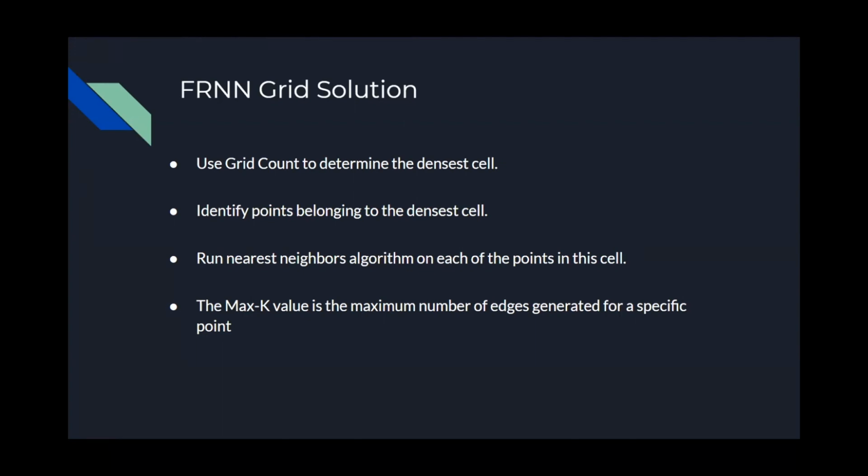I used the grid count to determine the densest cell, identified all the points that belong to the cell, and ran the fixed radius nearest neighbors on each of these points using an approximate K value that I just set to around 10,000. I then chose the max K value to be the maximum number of edges generated for a point that belongs to the densest cell.